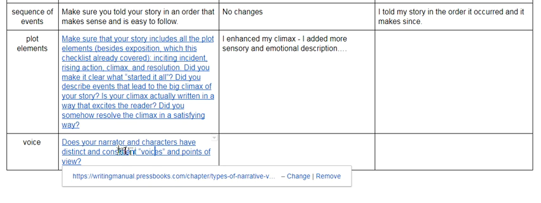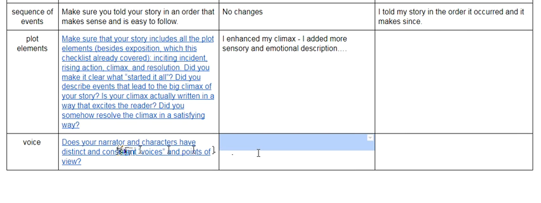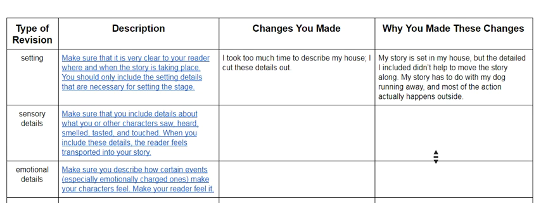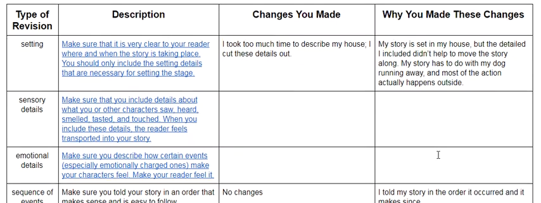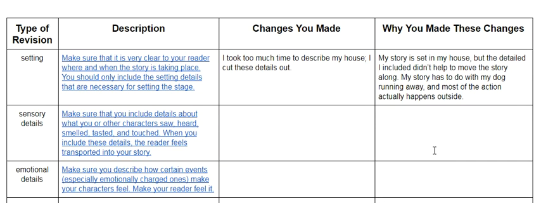So you want to establish consistency of your characters. Okay? Give them a persona and stick with that. And again, here you would note your changes, and over here you would explain your changes. And that is how you can get up to a 4 on your learning playlist for the revision part. Now we'll take a look at editing here in a bit, which is very different.